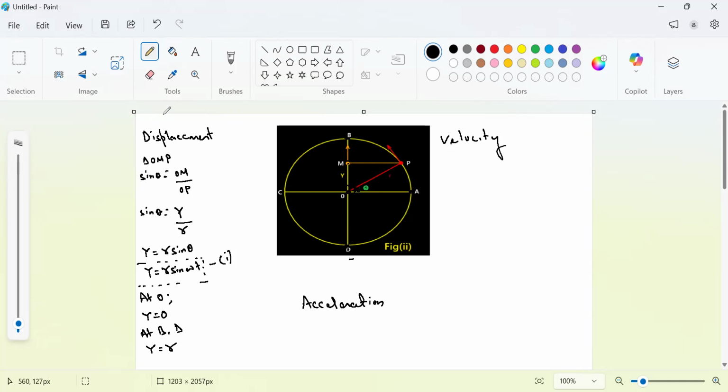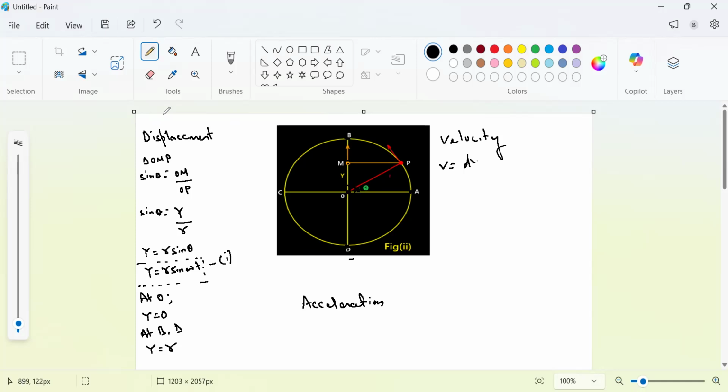Now, let's try to understand mathematically what will be the velocity of this particle M, because this particle M is executing simple harmonic motion. We know that velocity v equals the rate of change in displacement.